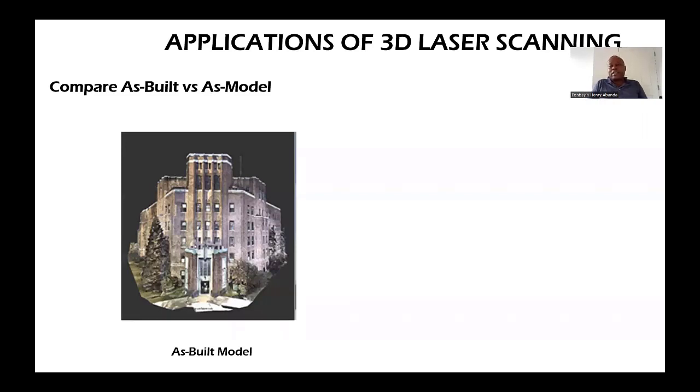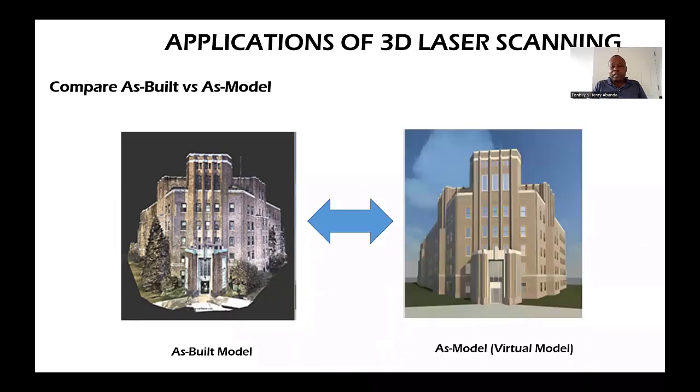And then the applications of 3D laser scanning. So we can use it in comparing the as-built model with the digital model, or virtual model. So you see on the left there, that is what is on site. Then we develop a digital replica, and that's what you have on the right.